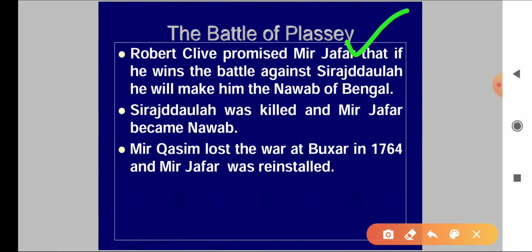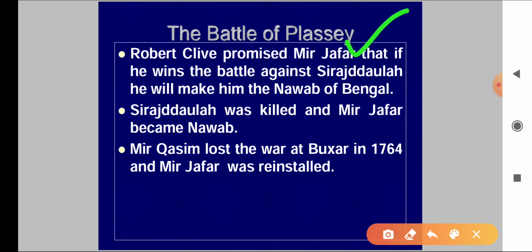So here you can see that Mir Jafar was trapped by him. He was called and given this promise by the company members, by Robert Clive.